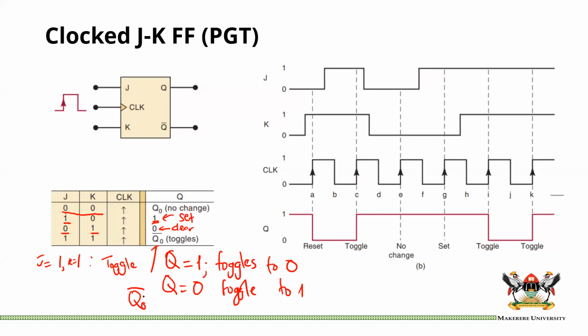It just becomes the opposite at the 1-1 state. Obviously the state of the flip-flop is the Q state, not the Q inverse. You need to remember that always, that the state of the flip-flop is actually the Q state.